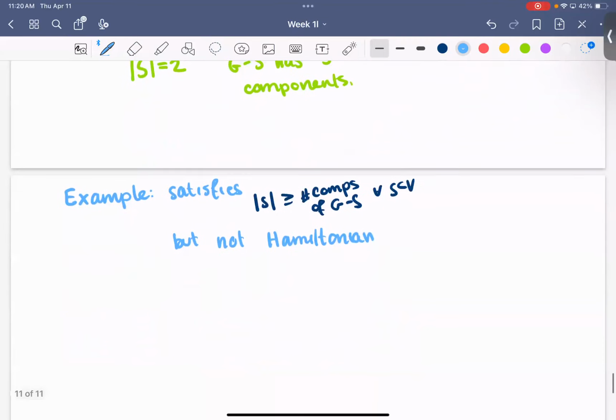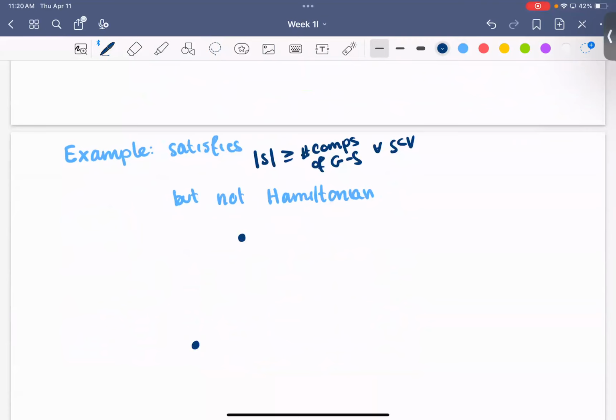Okay, so let me draw this graph. Take a minute to think through why this one isn't Hamiltonian.